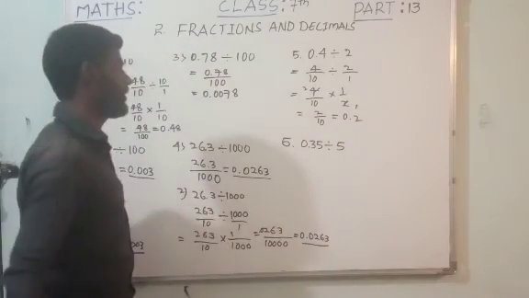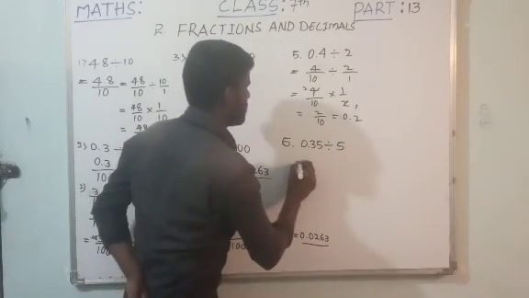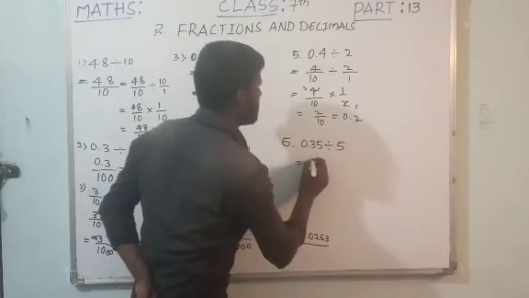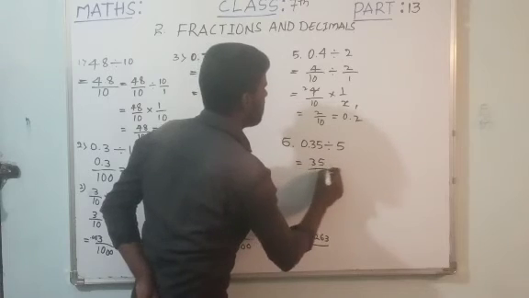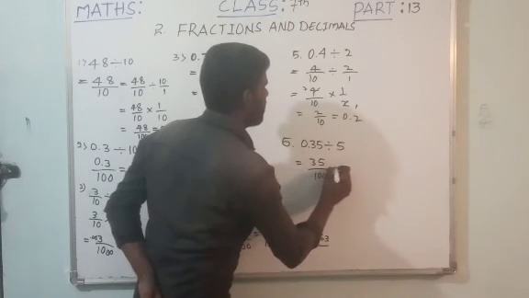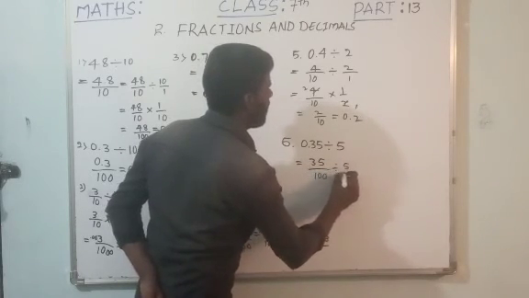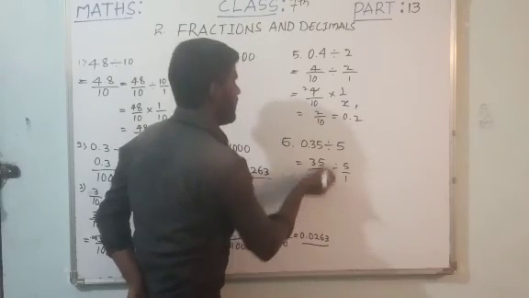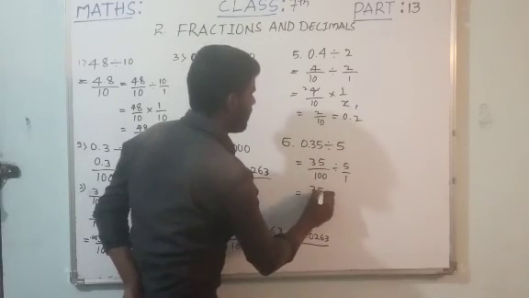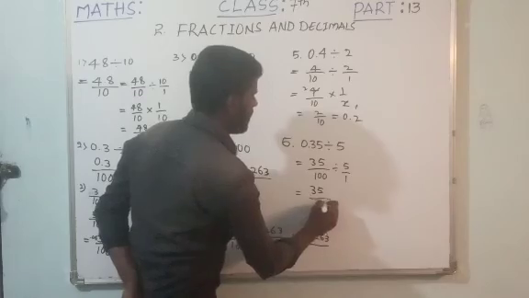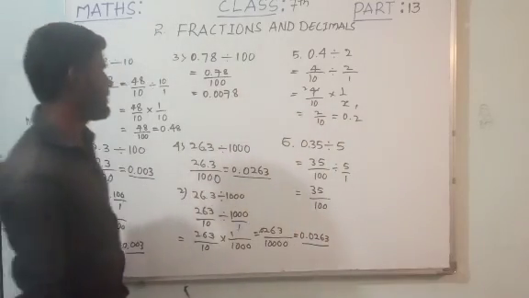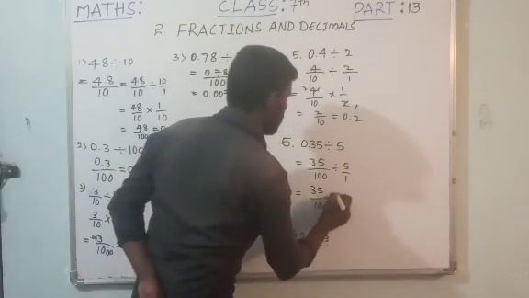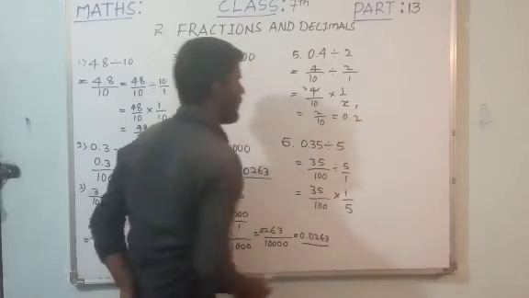Then here 0.35, I can write this as 35 by 100 divided by 5 by 1. Keep 35 by 100 as it is, into 1 by 5.